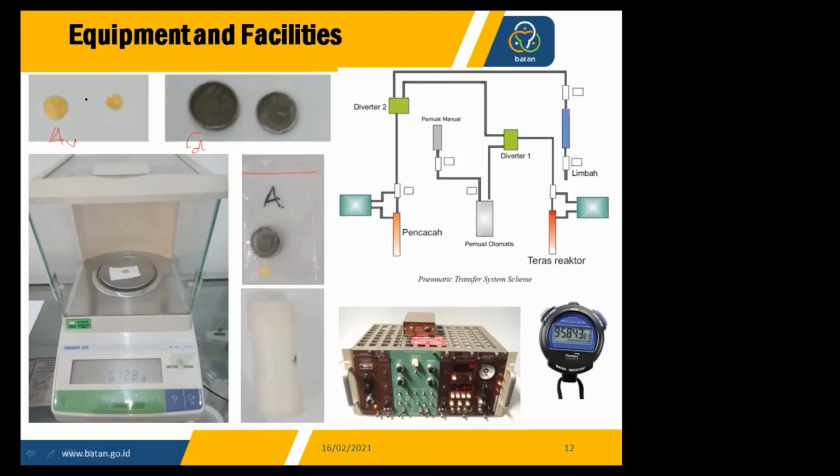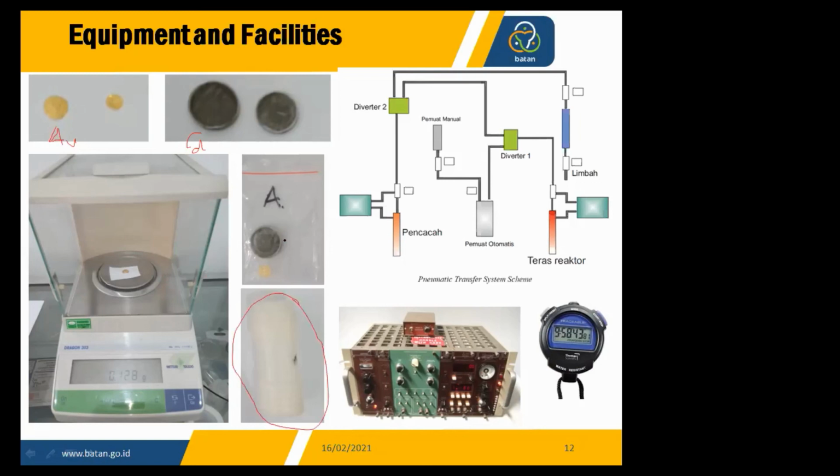The gold sample is then weighed to determine the volume later. This is the equipment to determine the mass of the gold. Then the gold will be put in the pneumatic capsule. This is the pneumatic capsule.